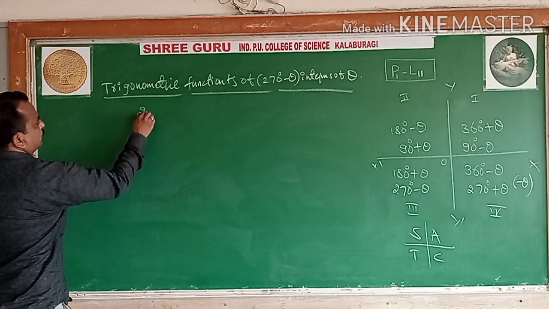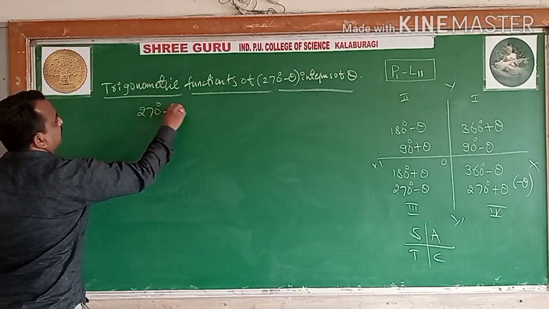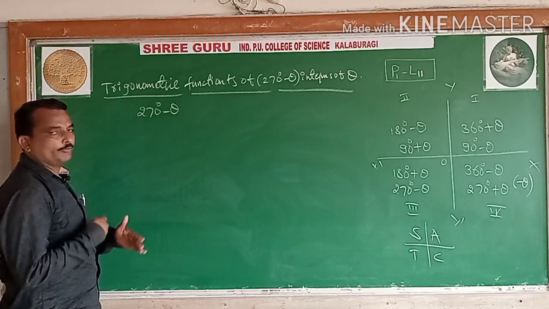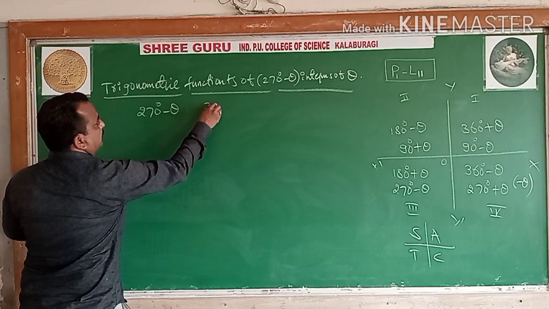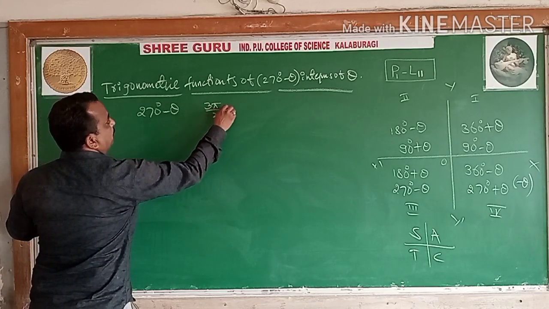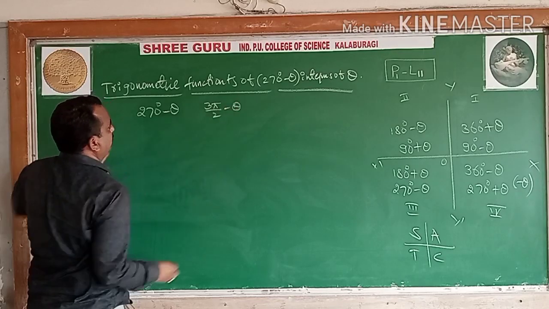See students, 270 degree minus theta. So convert in terms of radians also. You should know the radian angle also. 270, shall I write? 3 pi by 2 minus theta, you know.